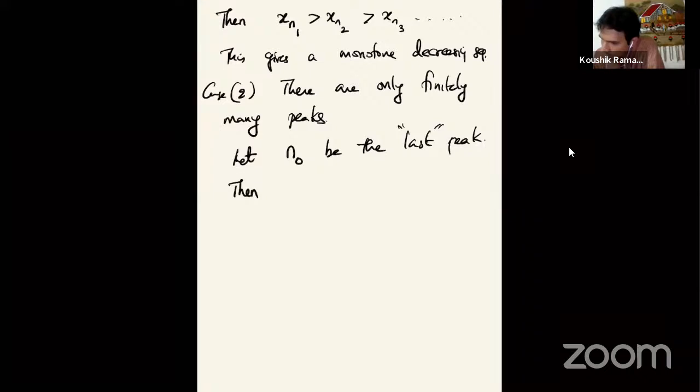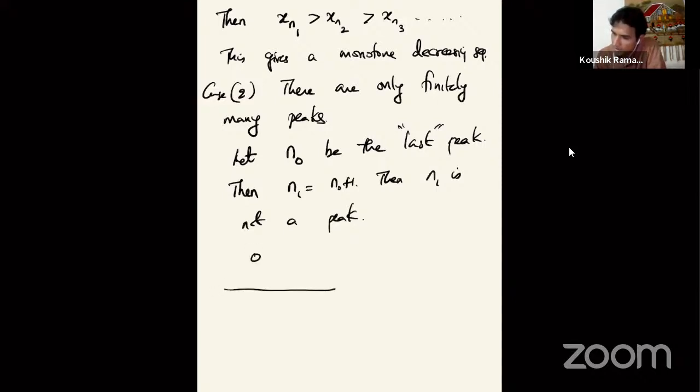Then let's say n1 is n naught plus 1. Then n1 is not a peak, right? Because n naught was the last peak. Maybe I circle whichever indices are peaks, a few of them, but after this there were no more peaks.